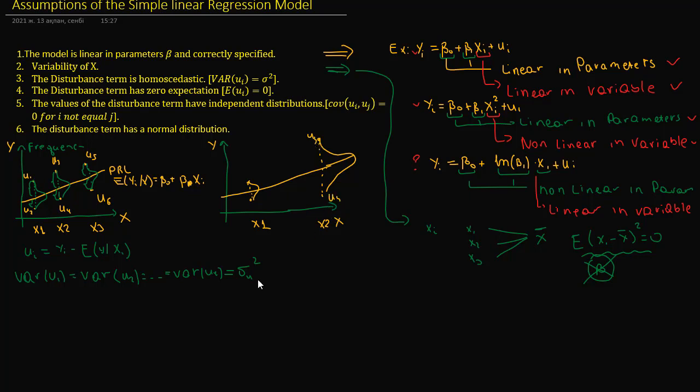For this example, the variance is not equal: the variance of my error term u1 is not equal to the variance of error term 4. We can see in the graph, and when calculating, that these two variances are not equal. At that time we can conclude the variance is not constant and they violate assumption 3.